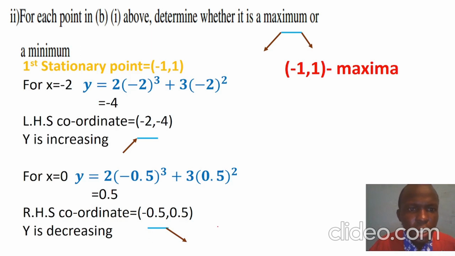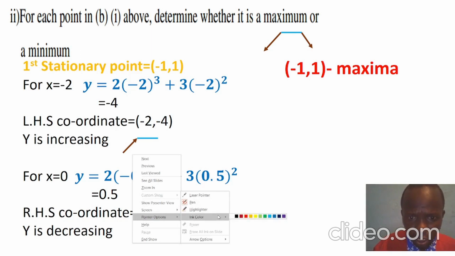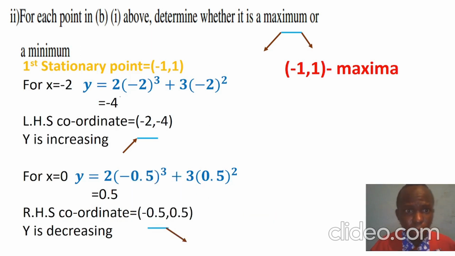Now let us see what kind of turning points these are. We start by writing the original equation and doing the substitution. Now, how are we going to do the substitution? Let me choose a different color. I have used red, so let me use green now.